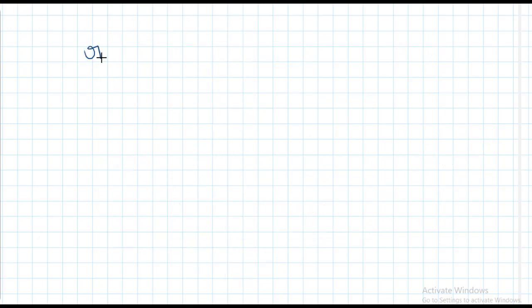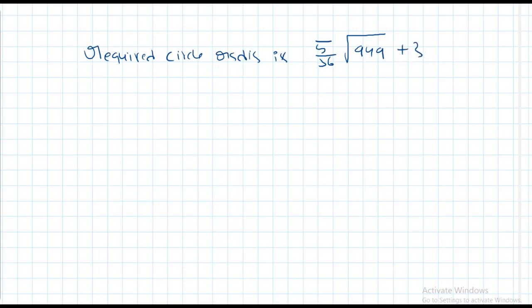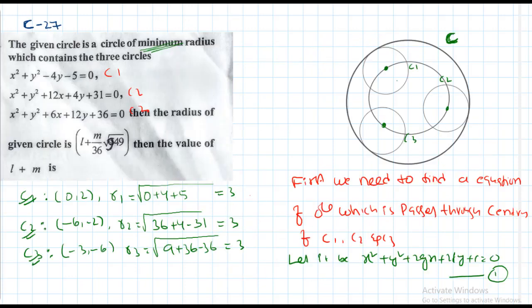Required circle radius is 5 by 36 into root over 949 plus 3.